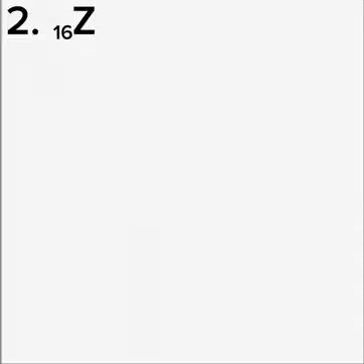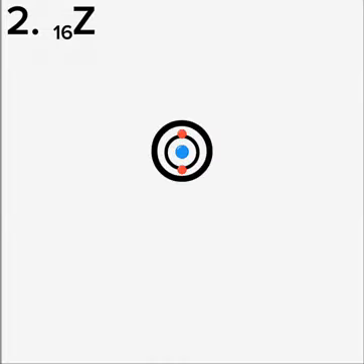Moving over to number 2, Z16. The first thing we do is draw our nucleus, next is our first shell, which we assign 2 electrons since that's the maximum it can carry. We draw the second shell and assign it 8 electrons since that's the maximum it can also carry. Don't forget we were given 16 electrons from the question. So we are left with just 6 electrons.